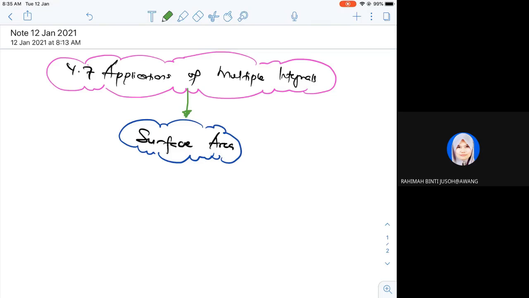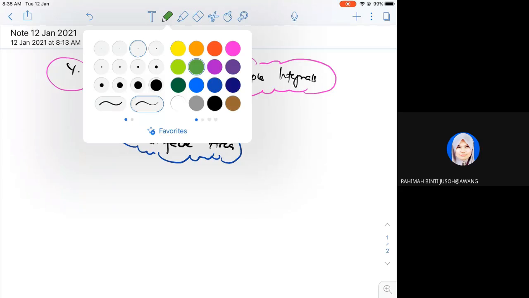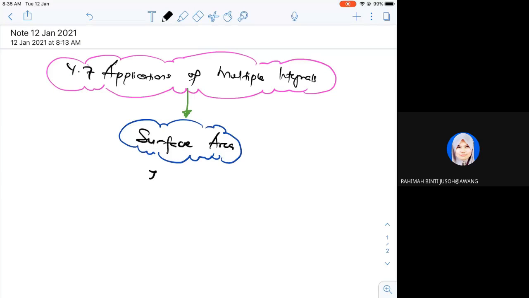Surface area, before we can calculate the surface area, we need to identify what is our Z. Z is the function in terms of X and Y. Okay. So surface area means our region in 2D. Okay, region in 2D. So region R is involved for surface area, 2 dimensions.